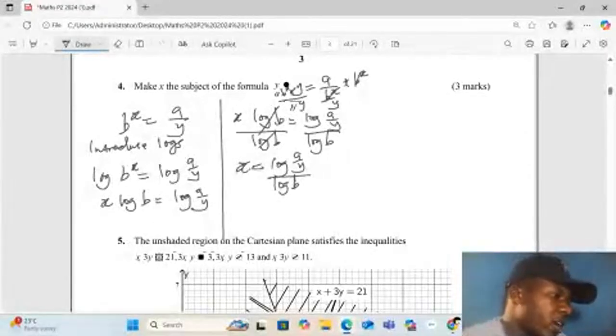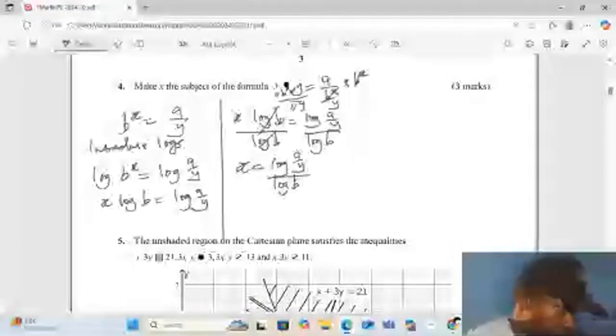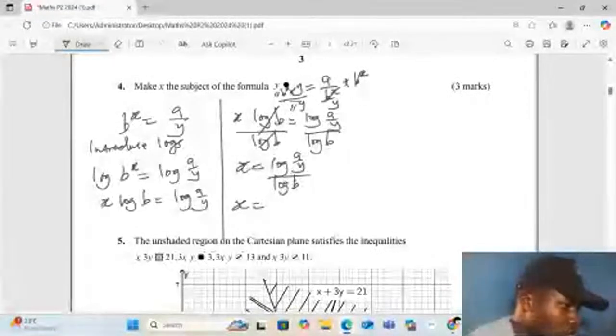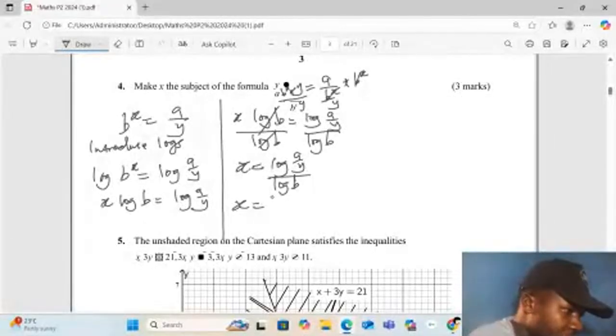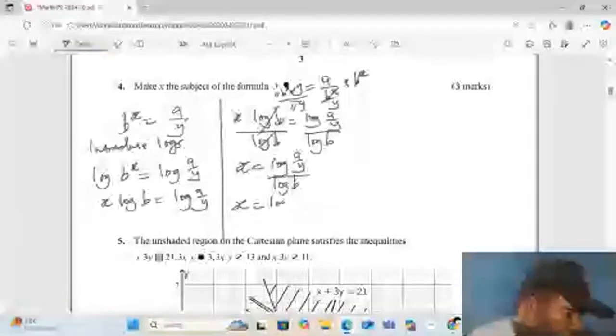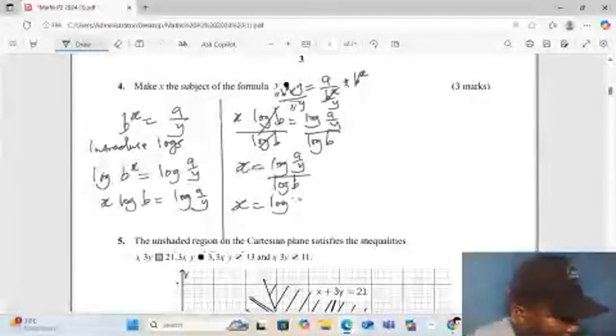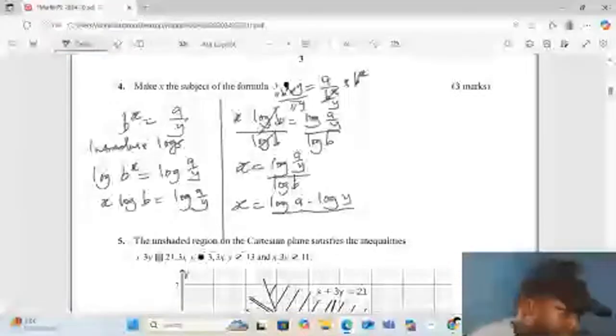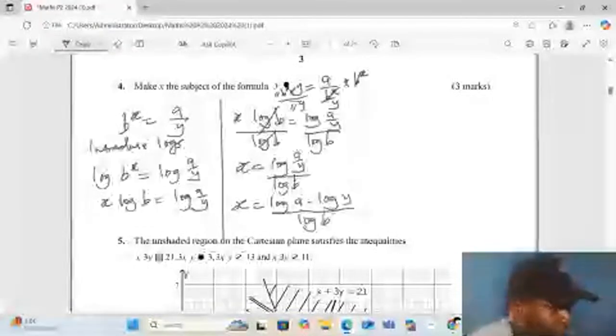So log a over y, we simplify it further to log a minus log y, divided by log b.